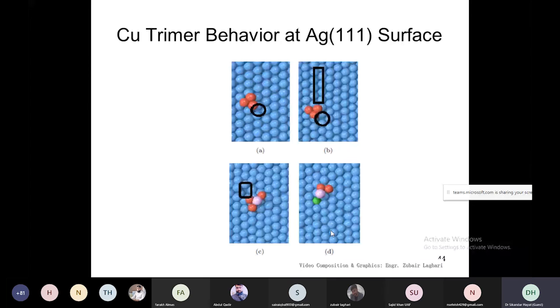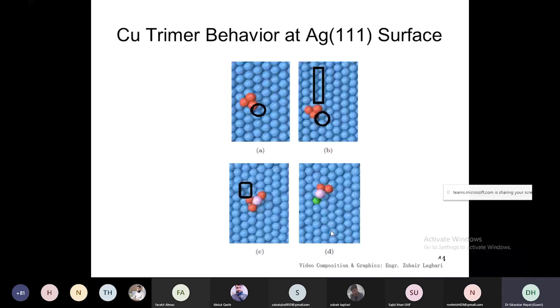We saw some fissures near 2 angstrom from the island, and 2.5 angstrom dislocations are appearing. The lower picture represents some vacancy formation. The red colored atoms are island atoms, while the blue colored atoms are the substrate atoms, which is silver here.